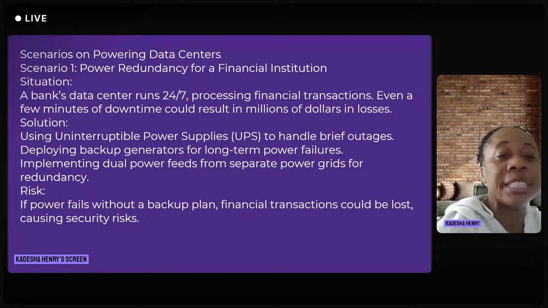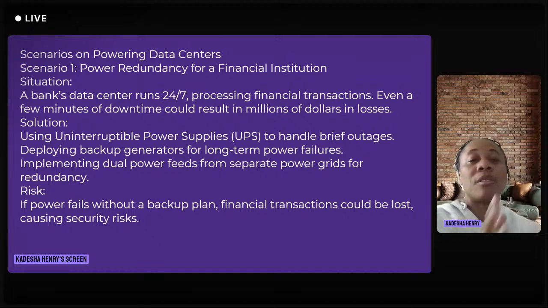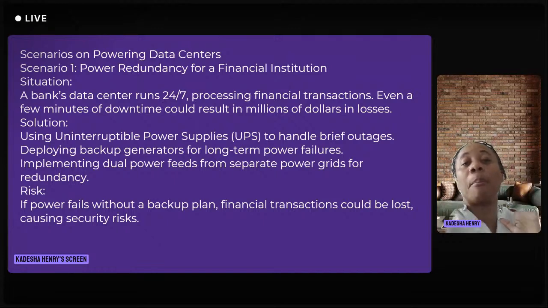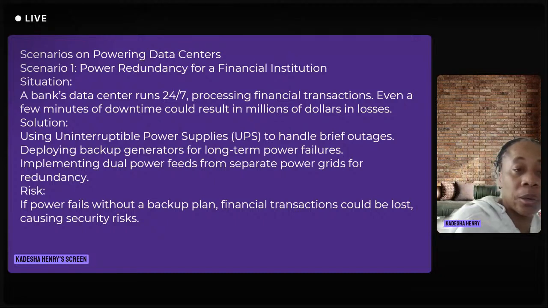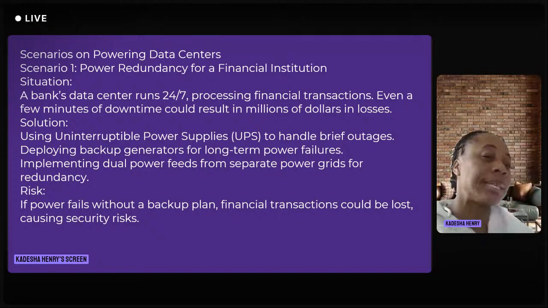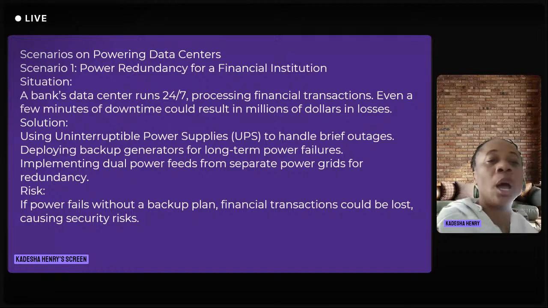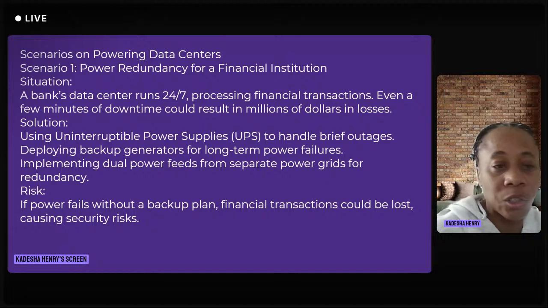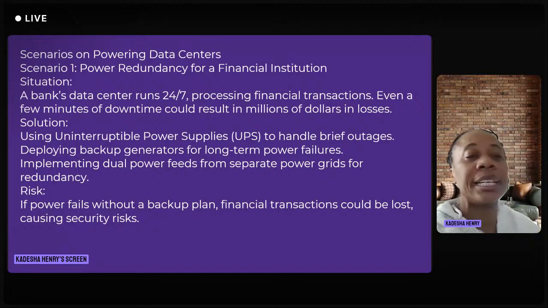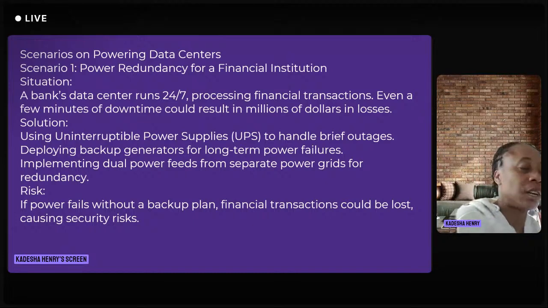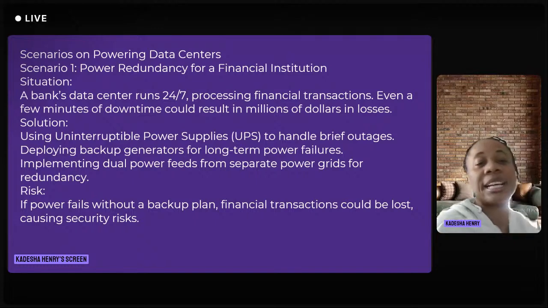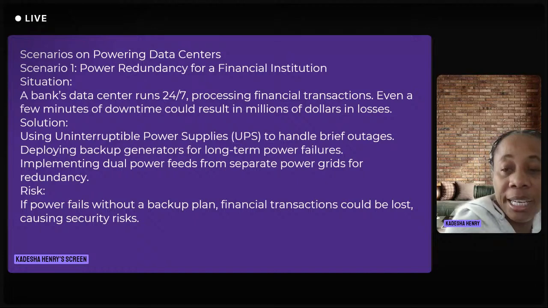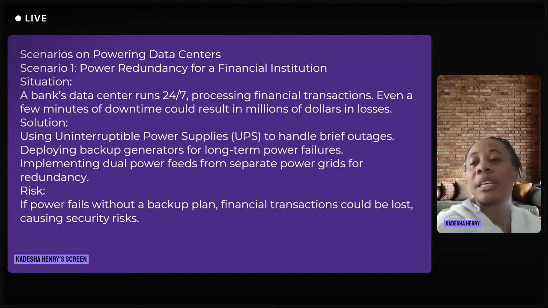Another scenario is, the one that we just dealt with was on capacity planning. Now we're going to look at the power data center scenarios, okay? So one of the power data center scenarios is the power redundancy for a financial institution. The scenario is a bank's data center runs 24/7, processing financial transactions.